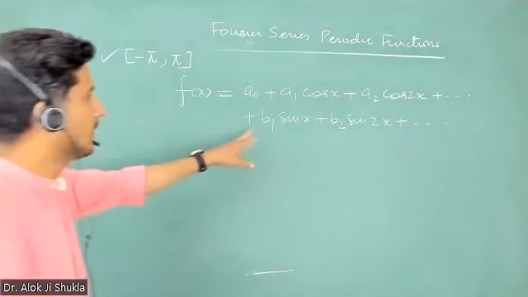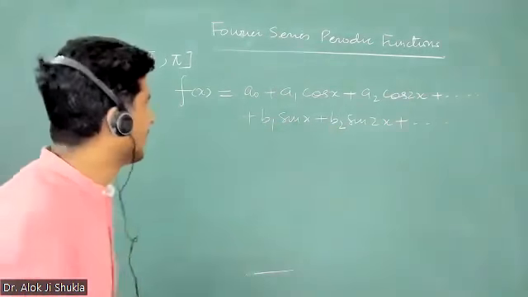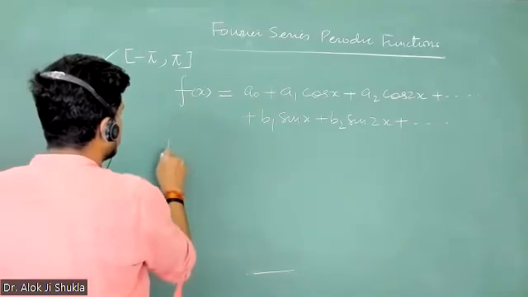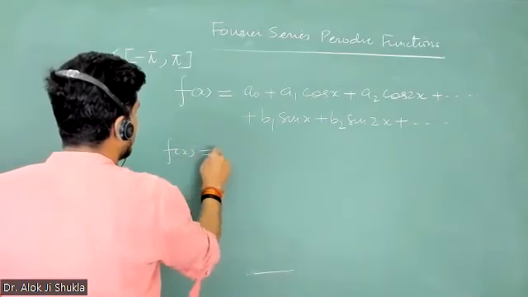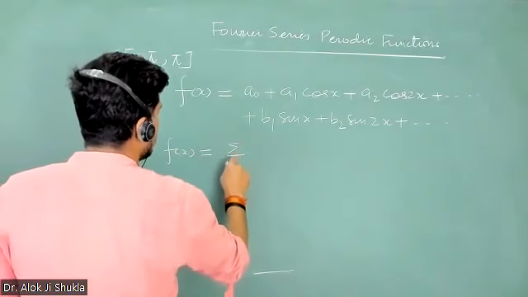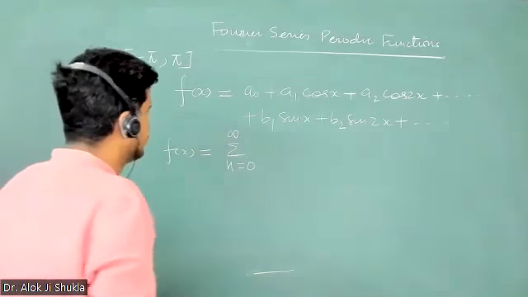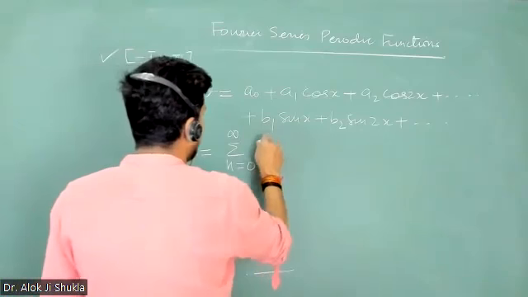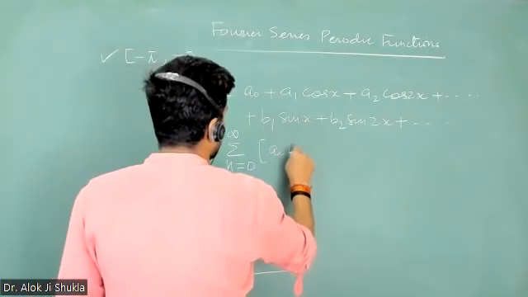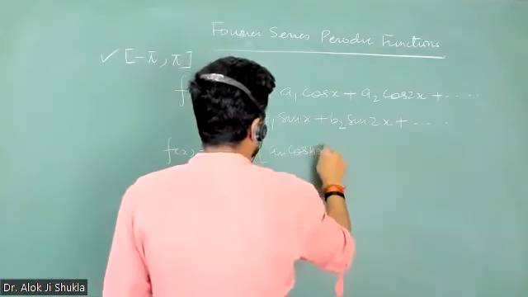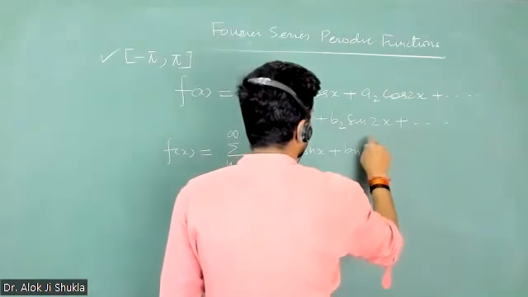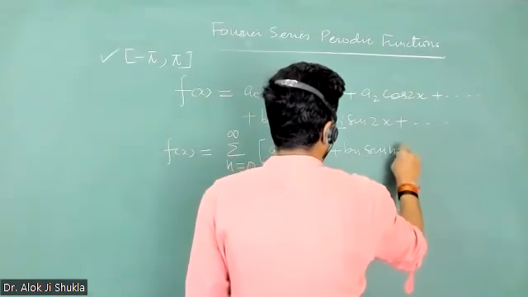You know b0 will not exist because sin 0 is 0. So fx is equal to summation n is equal to 0 to infinity, I can write it as an cos nx plus bn sin nx.